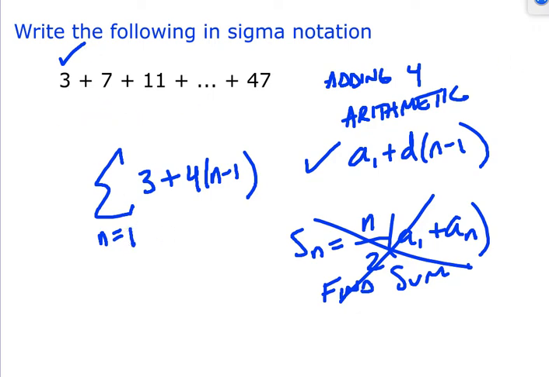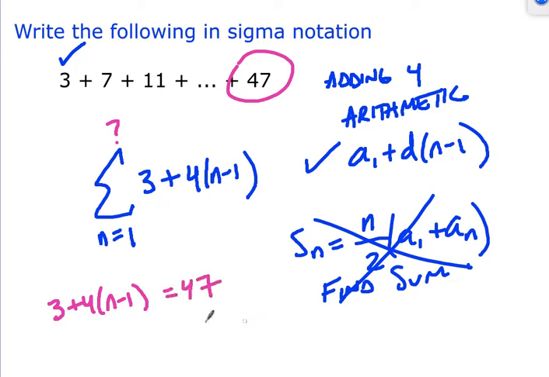Now what I need to figure out is, how far do I need to go up to get to a 47? So I could just keep adding 4 until I get to 47 and figure out how many times I had to add 4, and that would be this top number. I could do that. Or I could approach it algebraically, take my equation and set it equal to 47 and solve for n.